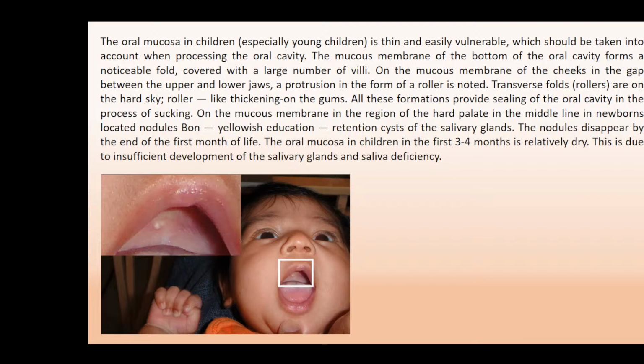This retention cyst of salivary glands you can see in the upper picture. The oral mucosa in children in the first 3-4 months is relatively dry. This is due to insufficient development of salivary glands and salivary deficiency.